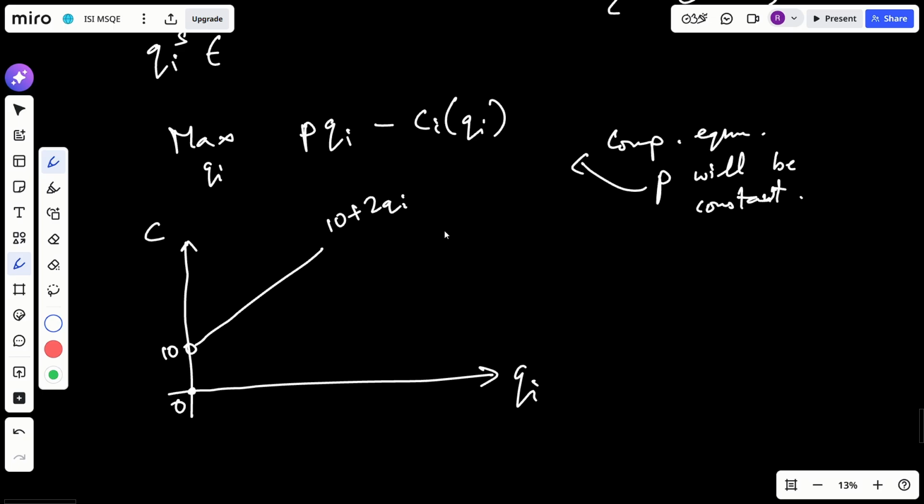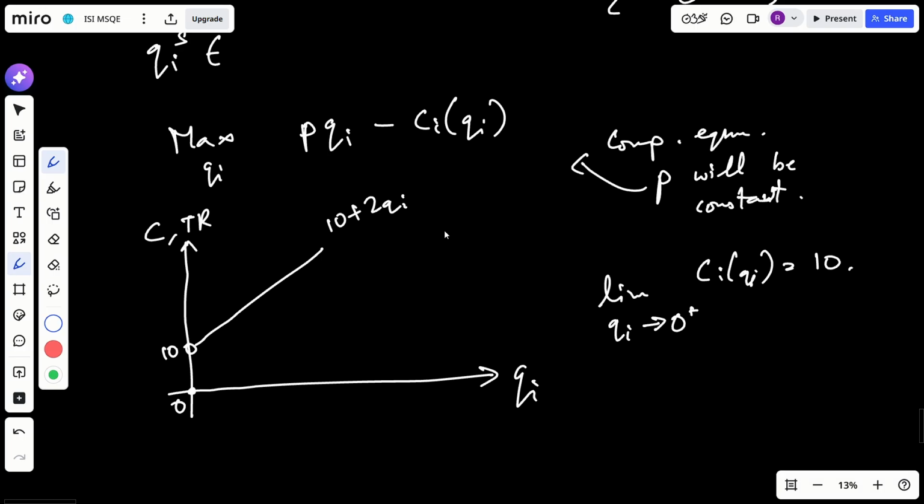You can see the right hand limit: the limit when QI tends to 0 from the right hand side, the cost is equal to 10. Now I will try to superimpose the total revenue curve on this graph.